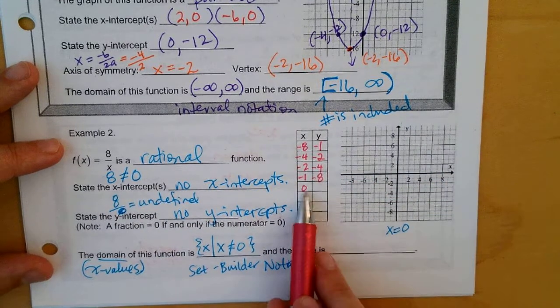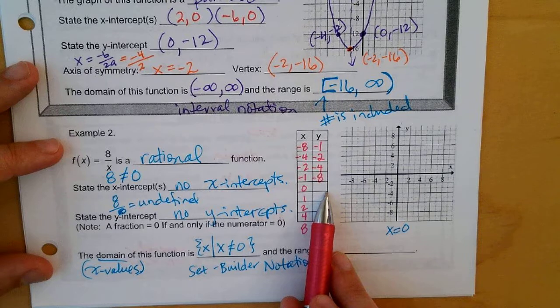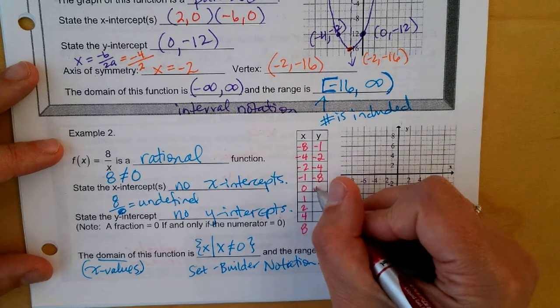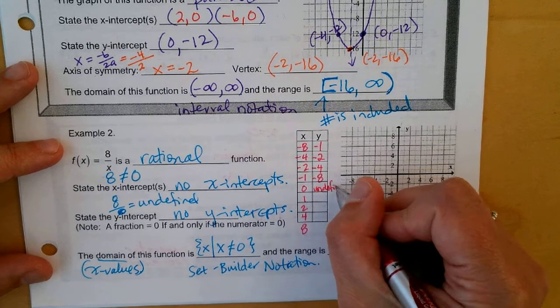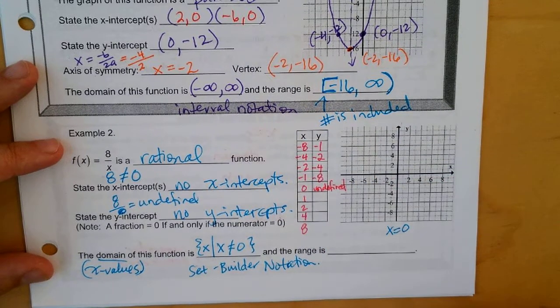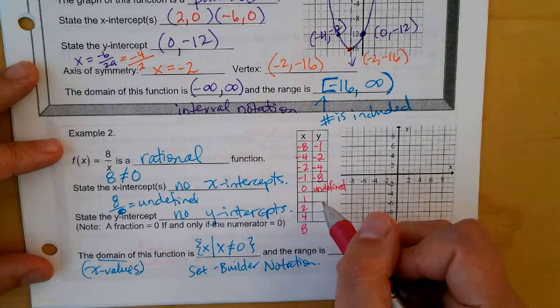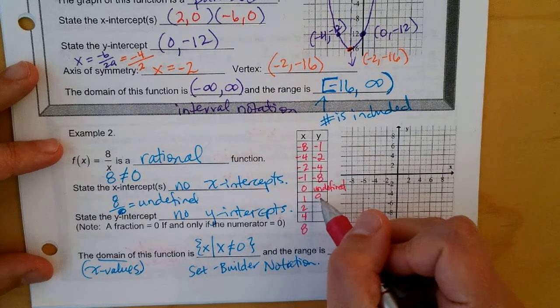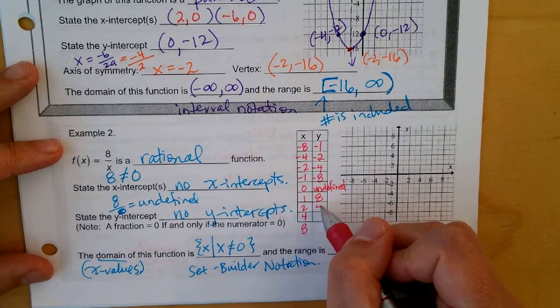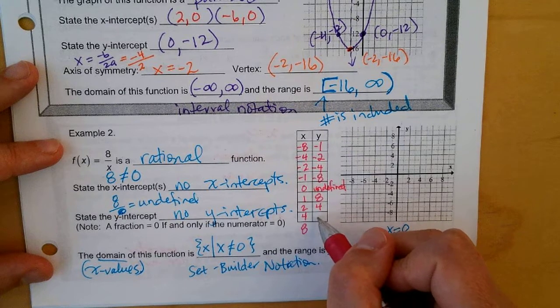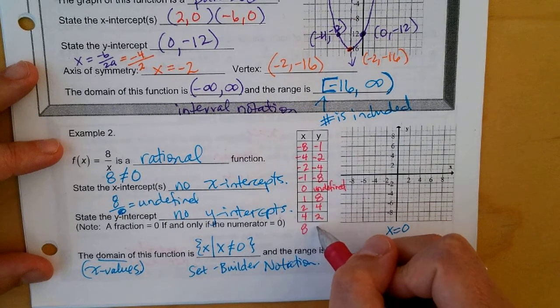Good. I can't actually divide by 0, can I? So if I did divide by 0, I would have undefined. And on your calculator, if you plug this in to get the table of values, you would get an error there. What about 8 divided by 1? 8 divided by 2? 8 divided by 4? 8 divided by 8?